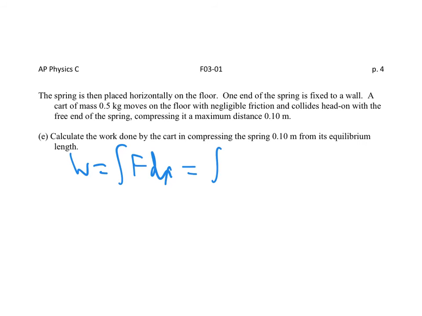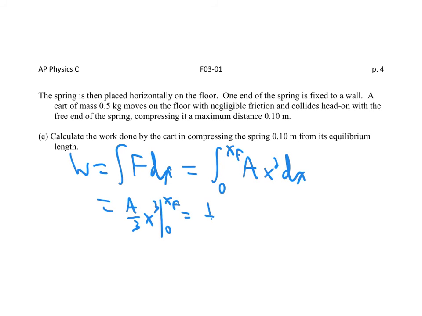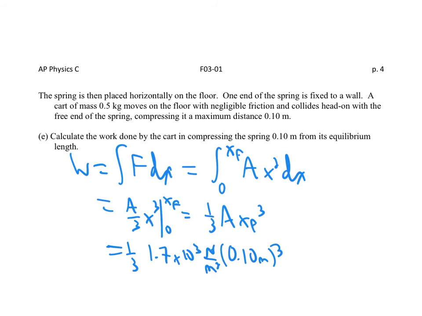So we can say it's the integral from 0 to our final x of ax squared dx, which is a over 3 x cubed from 0 to the final position, which is just 1/3 a times the final position cubed, 1/3 times our 1.7 times 10 to the 3 newtons per meter squared times 0.10 meters cubed, which turns out to be 0.57 joules.